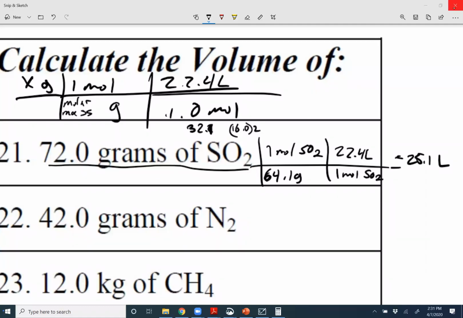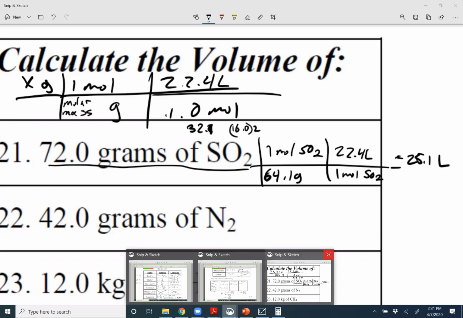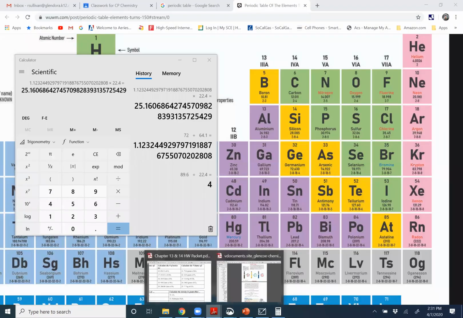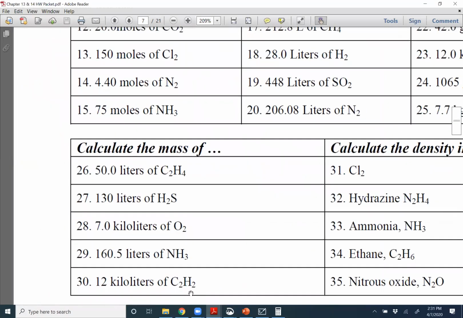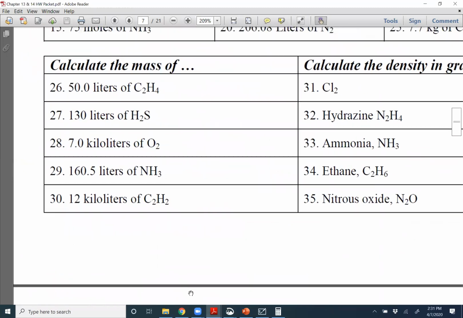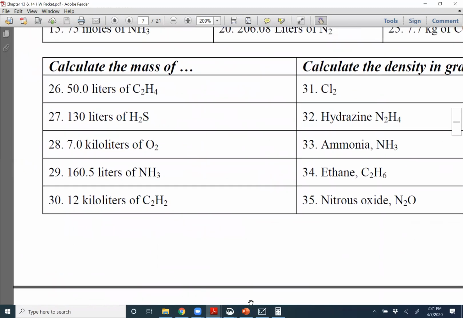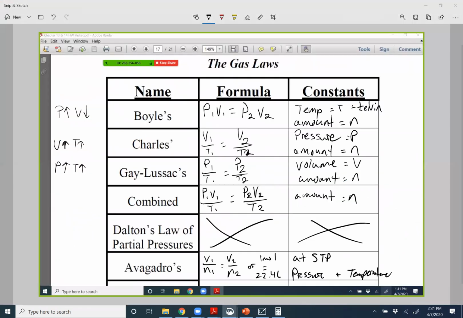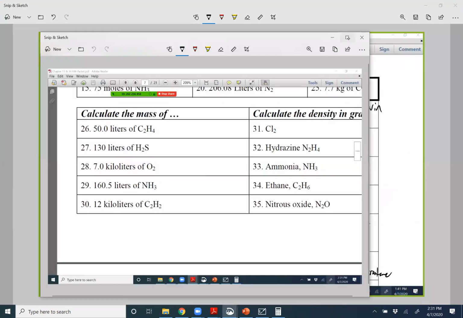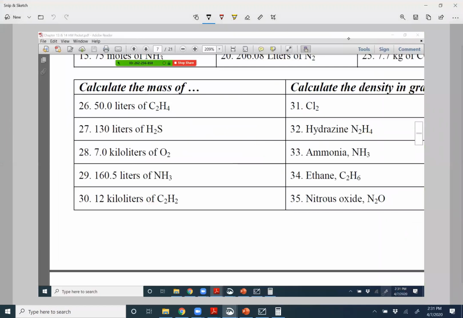Let's get rid of this and take a snapshot of down here. And then this is just going to be the reverse. In the case of going from grams to moles to liters, we did grams divided by molar mass multiplied by 22.4.